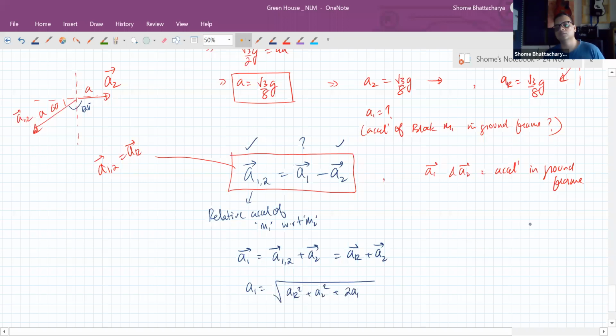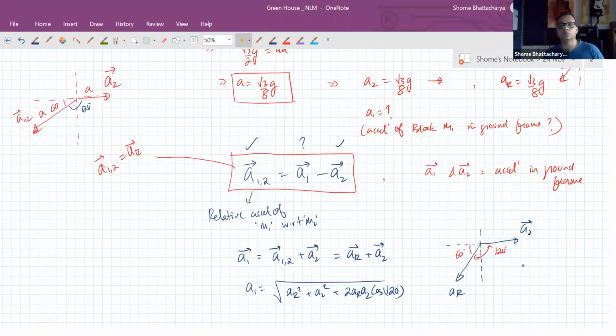A2 was in this direction, A relative was in this direction. Okay. So this angle was 60, means the angle between the two vectors is 120. Okay, and both have the same magnitude. Both have the magnitude of this much, root 3 by 8g.